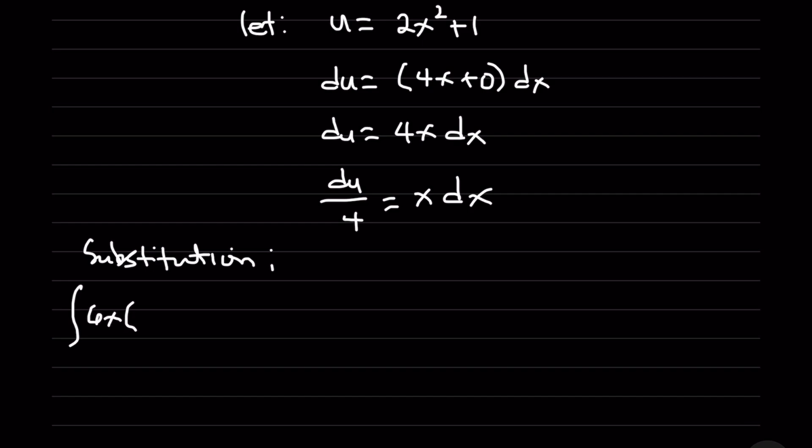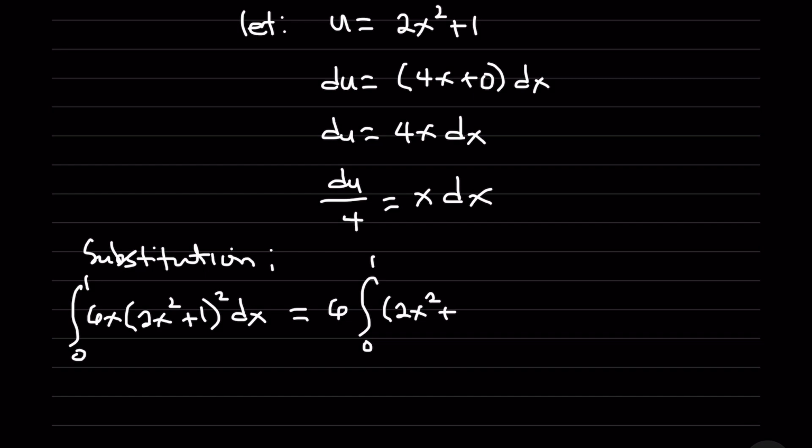So we do substitution. Six can be taken out of the integral. So we can write the original equation this way. You have a term inside the parentheses times x dx.